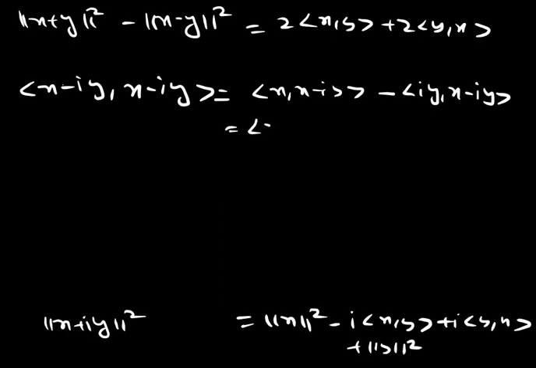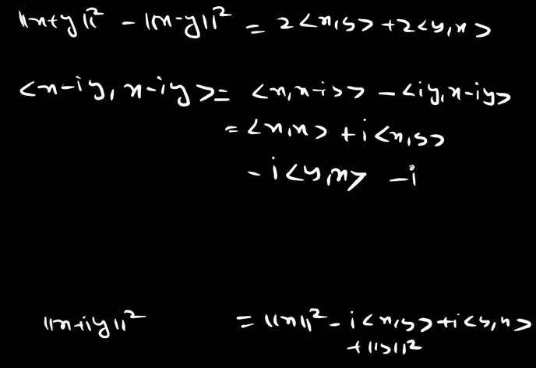This is nothing but inner product of x with x, and this is the second place, so it comes outside with the conjugate, so plus i: minus i conjugate is plus i, inner product of x with y, minus inner product of i y with x. i is in the first place, minus i into this, minus minus becomes plus, this i becomes minus i, and then it is inner product of y with y.